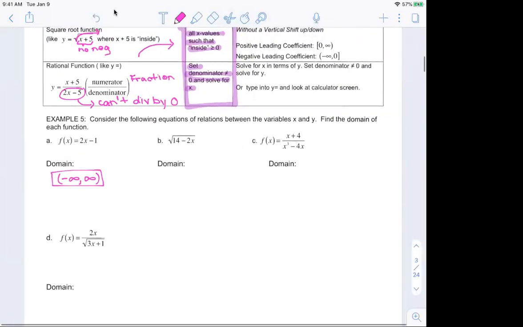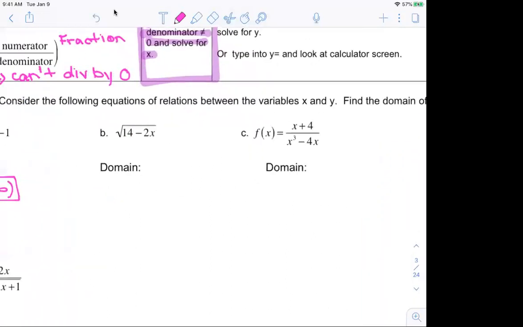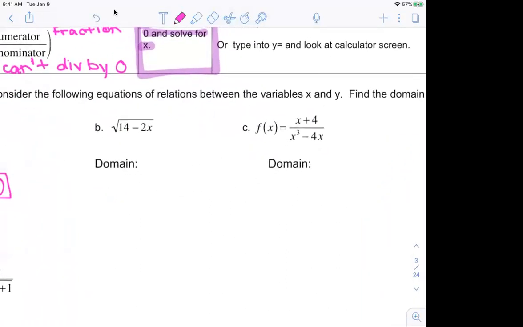For part B, this is a square root. So you want to go to the example that looks like a square root. That's this one right here. It says all x values such that the inside is greater than or equal to 0. Again, that's because it can't be negative in there. So that's why it's an inequality. So we're going to say 14 minus 2x is greater than or equal to 0, and you solve. So you would subtract 14 from both sides.